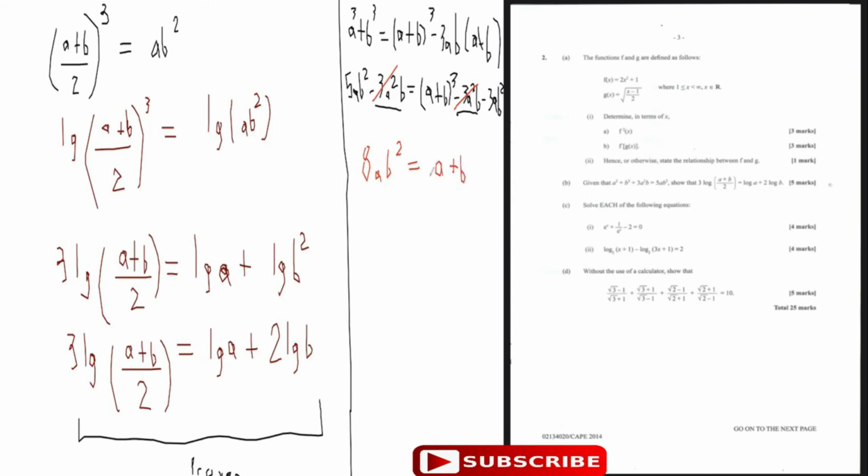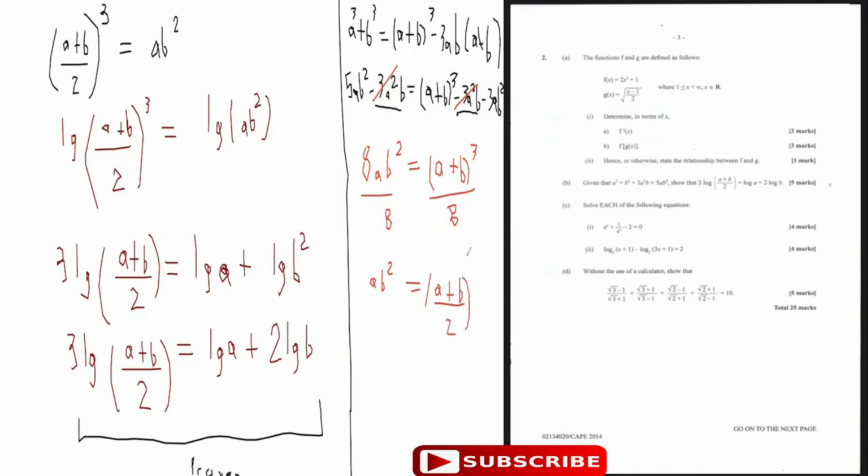And then when you have this part now, you can divide both sides by 8. When you divide both sides by 8, you're going to end up getting that AB squared is equal to, now 8 is 2 cubed, so it really works out to be A plus B over 2 all cubed.